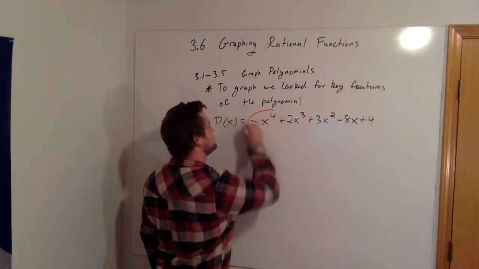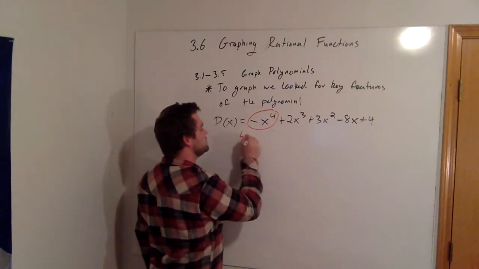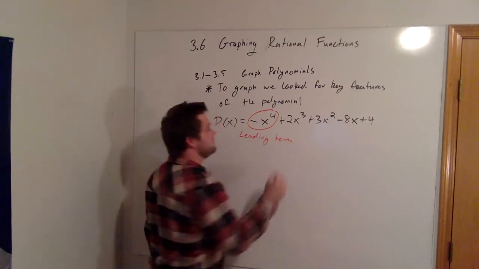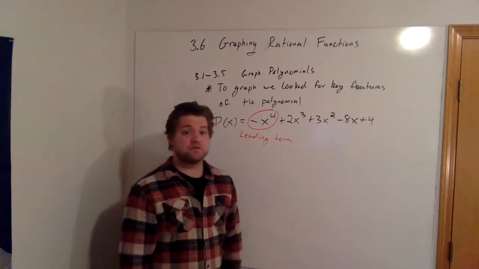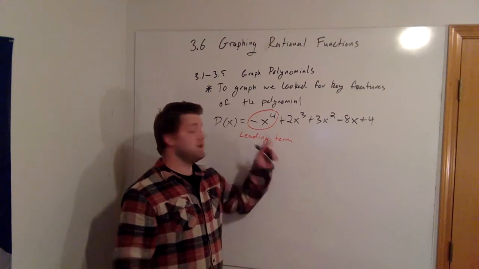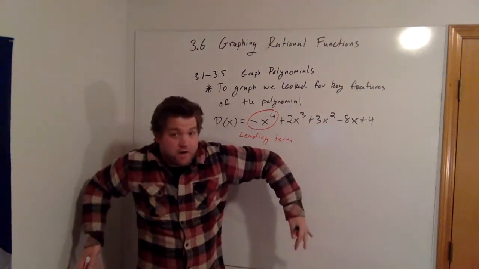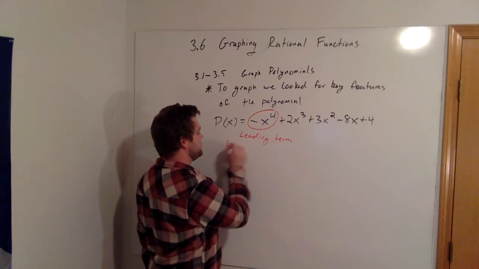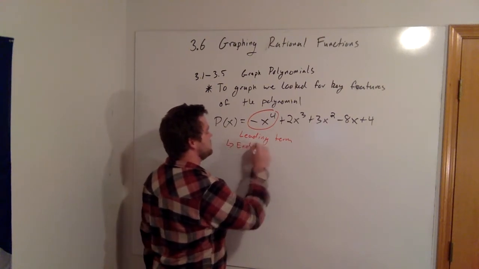And what we did is we looked at the leading term. This is the leading term. The leading term is negative x to the fourth, so that means it'll have the end behavior of a frowny face parabola. So the leading term told us information about end behavior.